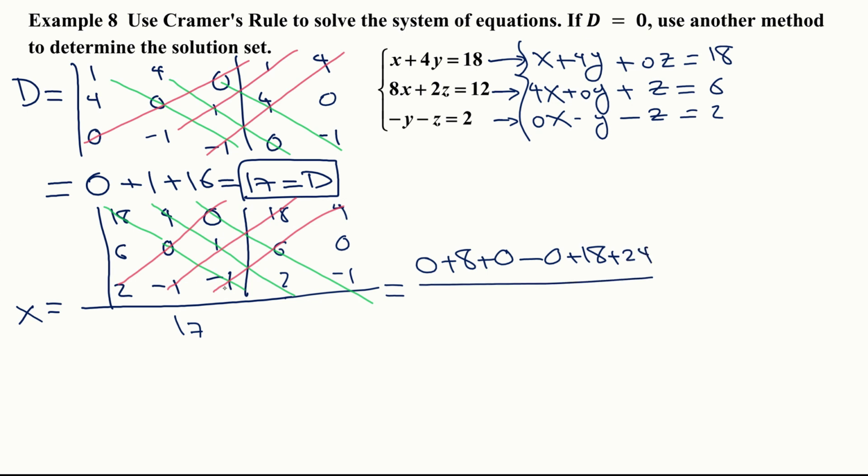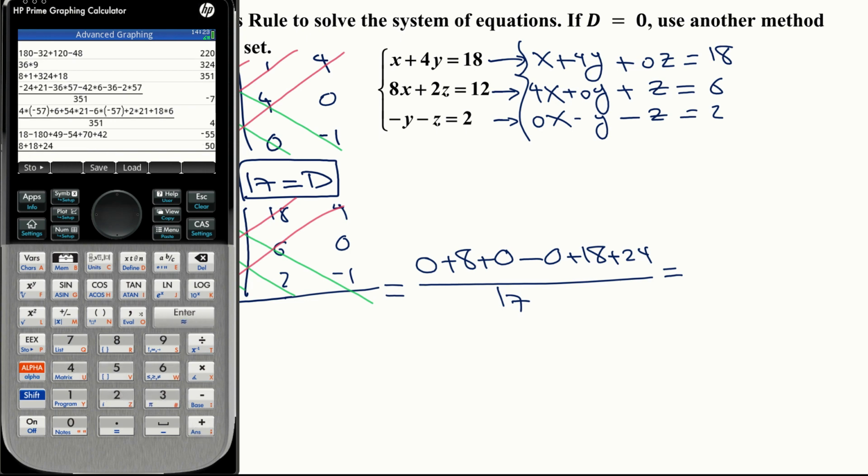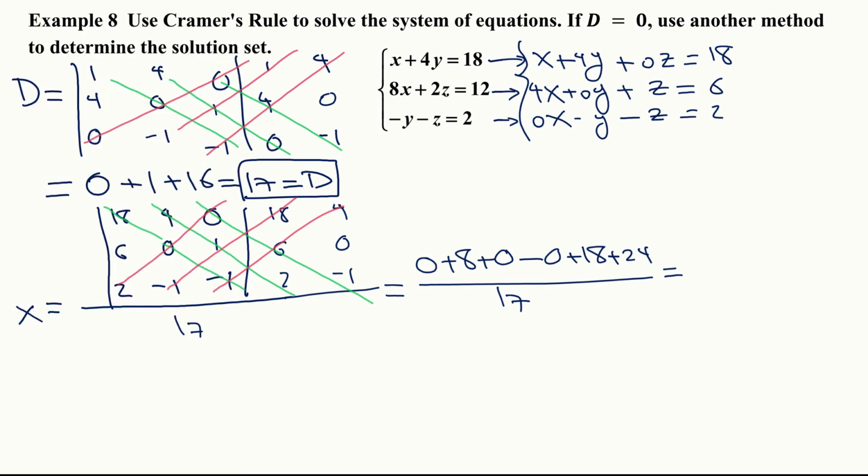And all of that over what? 17. So now we're just going to compute this. We don't need to worry about the zeros, but 8 plus 18 plus 24. So we get 50. So X is going to be 50 over 17.